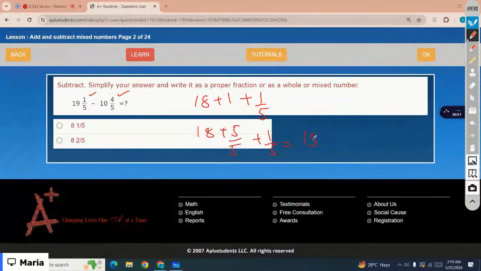This is now 18 whole 6 over 5. So you can subtract 18 whole 6 over 5 minus 10 whole 4 over 5. So 18 minus 10 is 8, 6 minus 4 is 2. So that is 8 whole 2 over 5. The correct option is 8 whole 2 over 5. Option number 2 is the correct option. Got it?